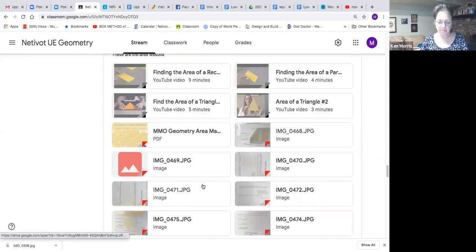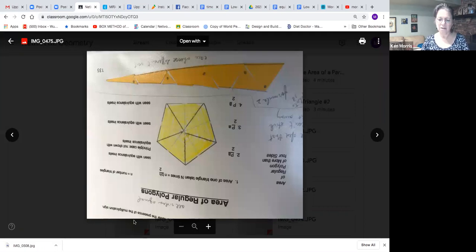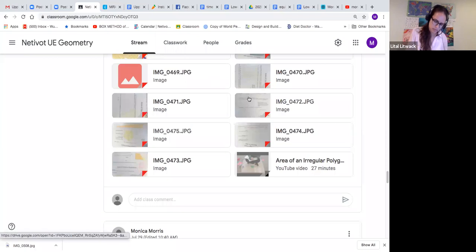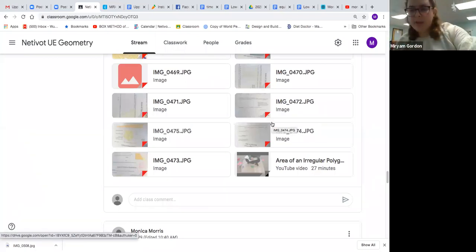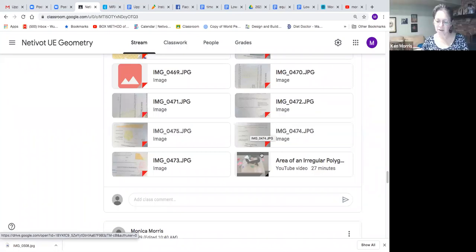And this one is also upside down. No, this actually doesn't belong. Well, that's the same thing we saw with the pentagon before. Anyway, I'll turn these around for you. If you download it, you should be able to open it as a picture and rotate it, or not. All right, I'll work on it.